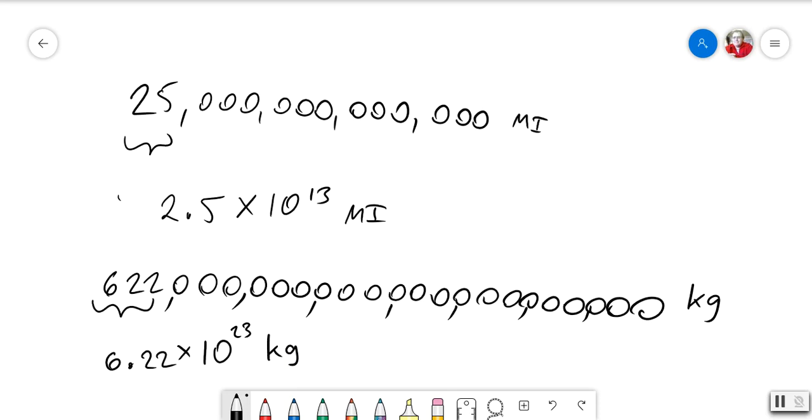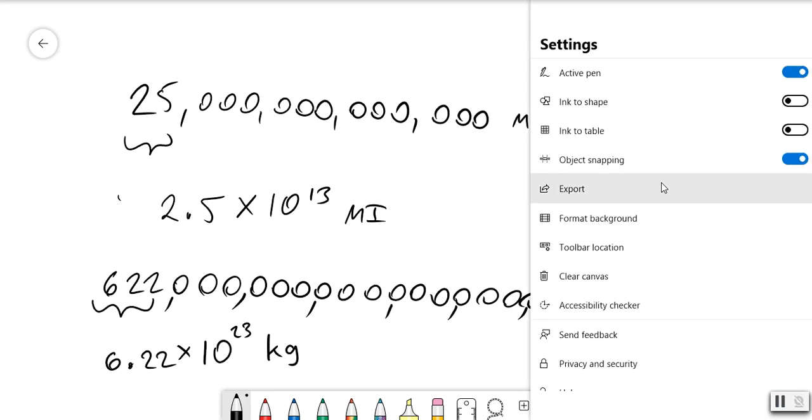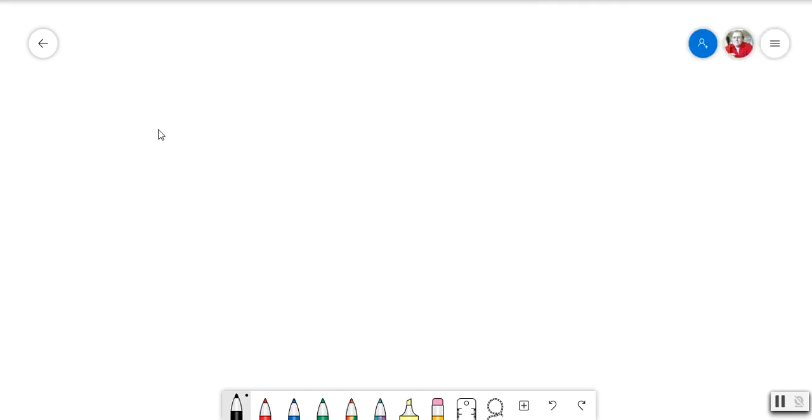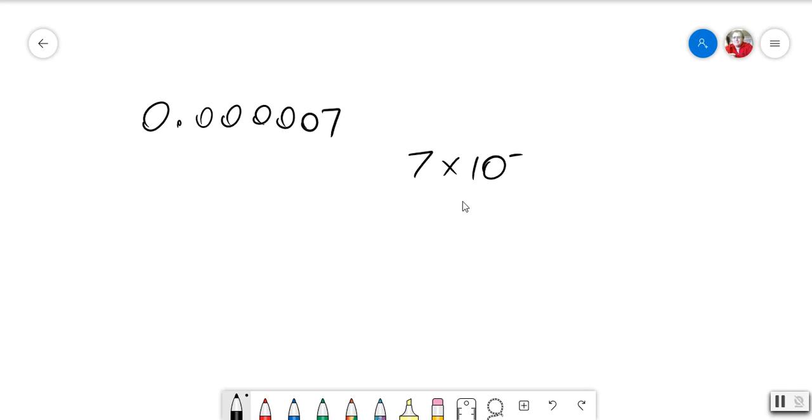What about very, very teeny numbers? Well, you do the same thing, but in reverse. I had 0.000007: tens, hundreds, thousands, 10,000s, 100,000s, million. 7 times 10 to the negative 6.